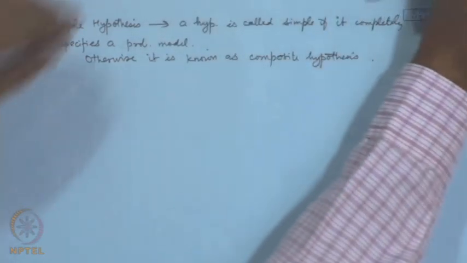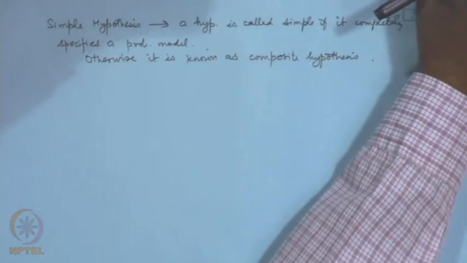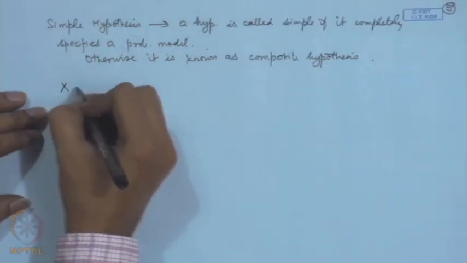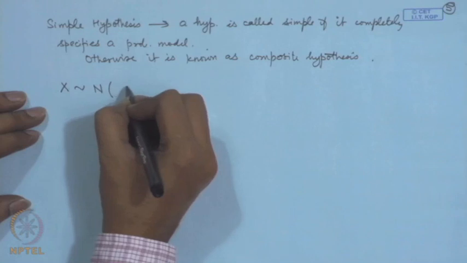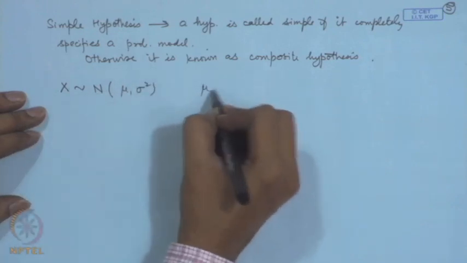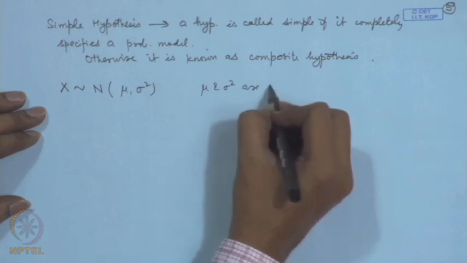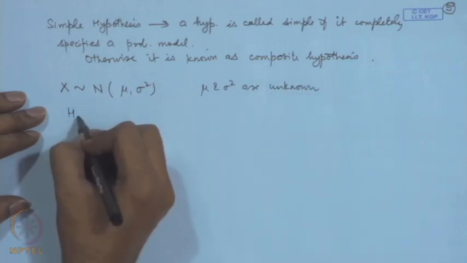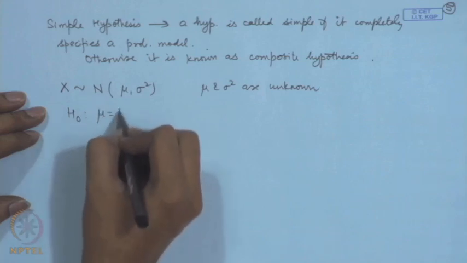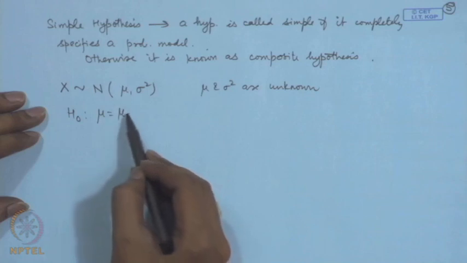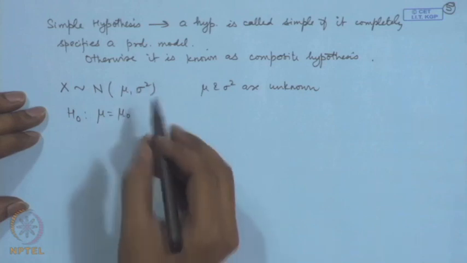Let us look at the problems specified earlier. Let us consider X follows normal mu, sigma square, where mu and sigma square are unknown. If I specify H naught: mu is equal to mu naught, then this specifies mu, but it does not say anything about sigma square.